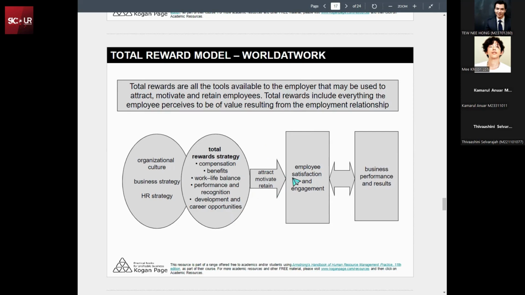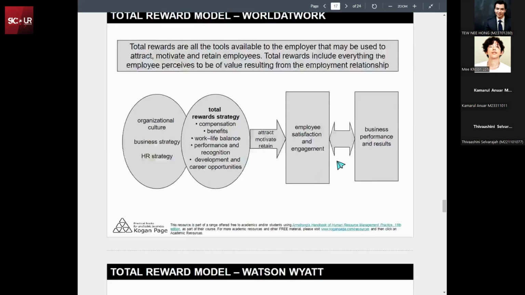Attract outsiders, motivate insiders. When I say to retain a good performance, their action is to focus on making sure that employee satisfaction and engagement can give a good performance on business and result. This is the model.